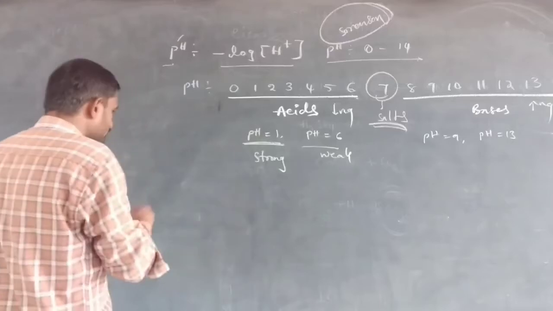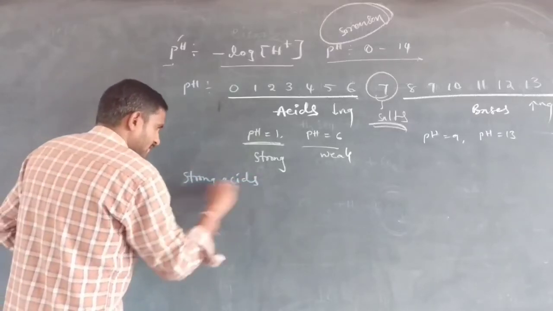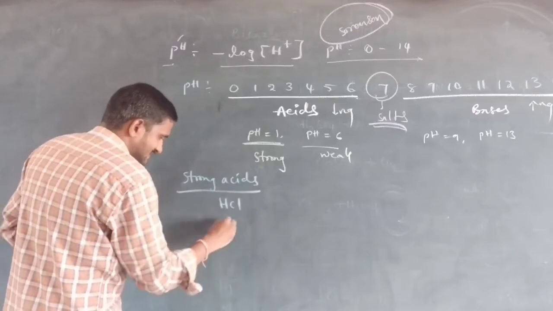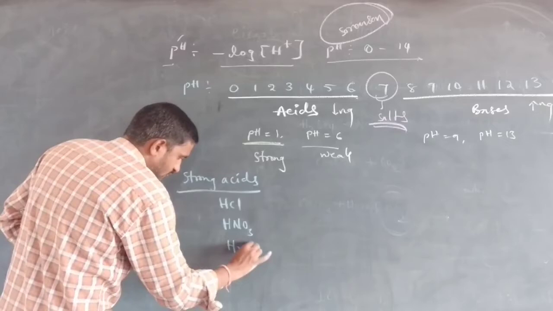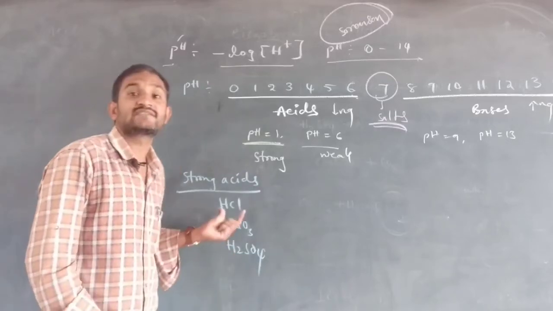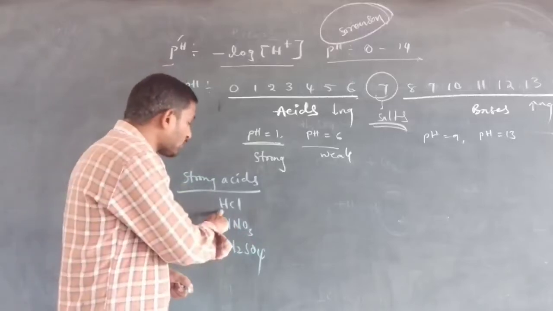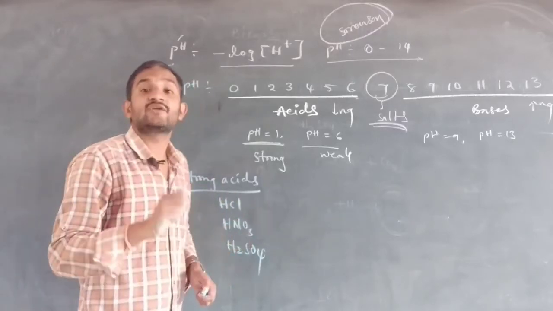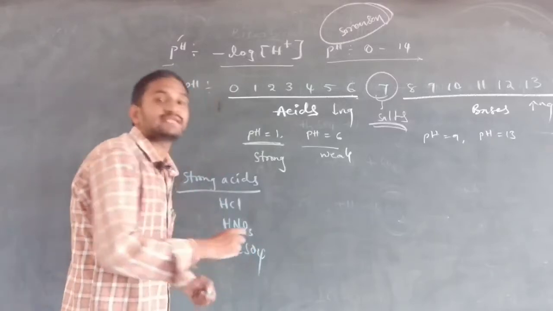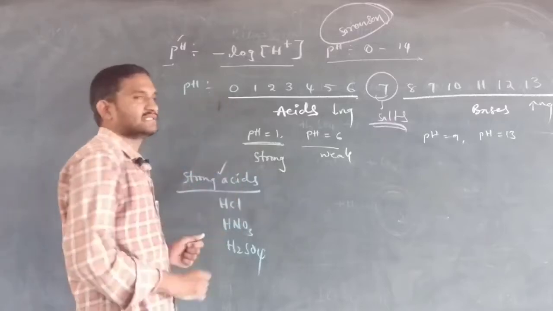Suppose strong acids: hydrochloric acid HCl, nitric acid HNO3, sulfuric acid H2SO4. You have to remember these three are the strong acids.